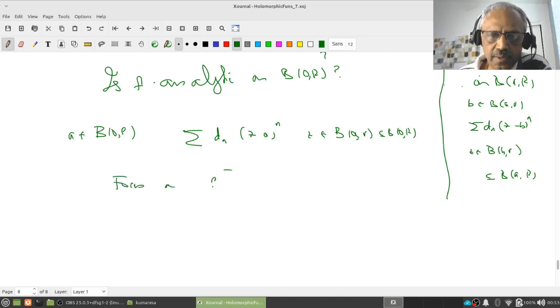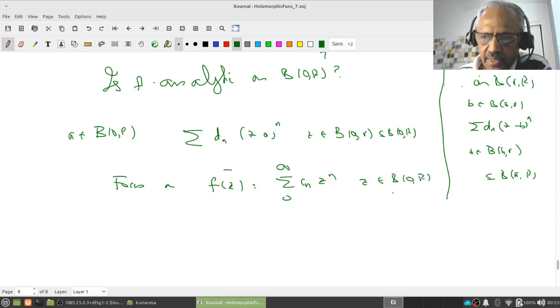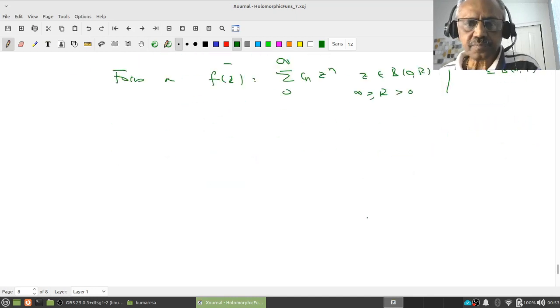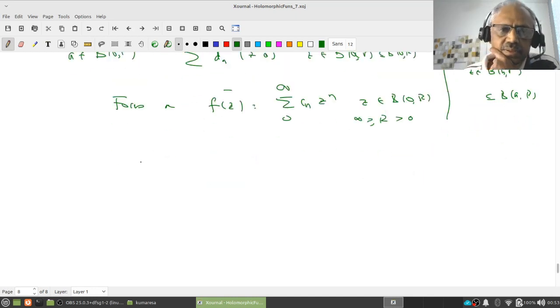Focus on f of z equal to the sum of Cn z power n, n from 0 to infinity, where z is in B_0R, where r, of course, r is positive, maybe infinity. Okay, so as we did for polynomials, the natural impulse.